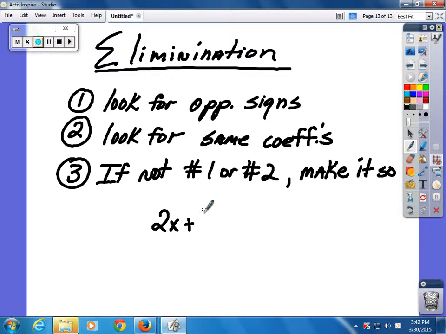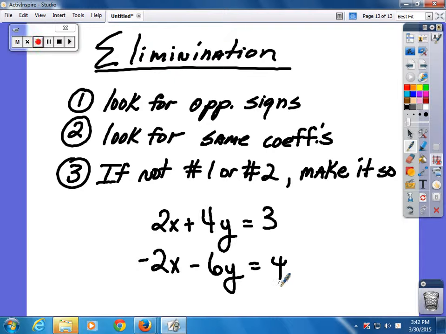2x plus 4y is equal to 3, and negative 2x minus 6y is equal to 4. Now, do we have the same coefficients? Yes, we do. Do we have opposite signs? Nothing there, so understood to be a what? Positive.